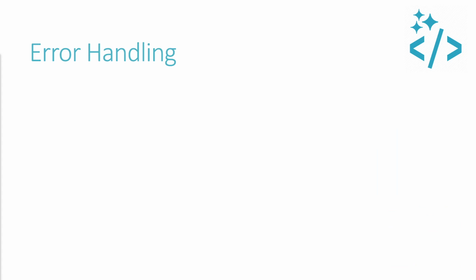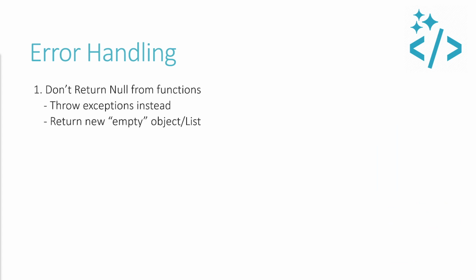Next, we're gonna talk a bit about error handling. Talking about functions, functions shouldn't return null. Instead, we should throw exceptions if null is calculated in a function, or we should return a new empty object or a list.